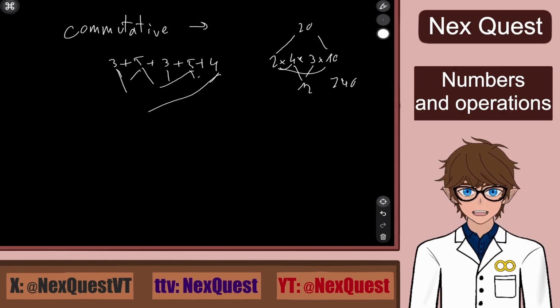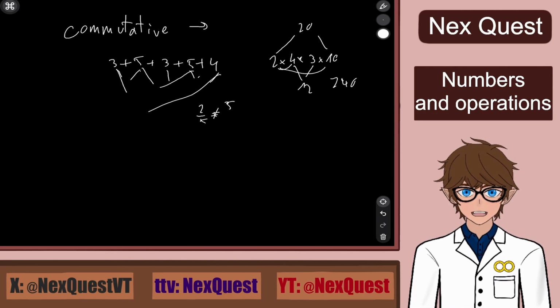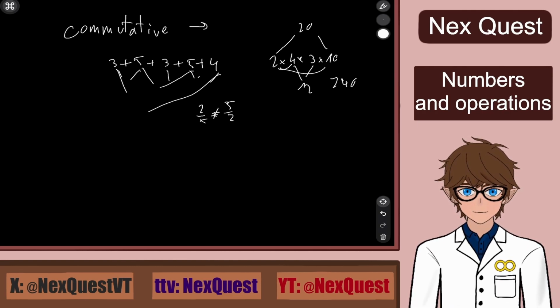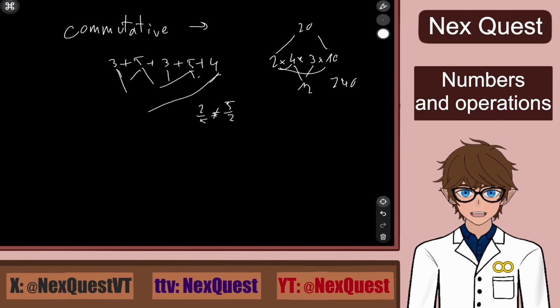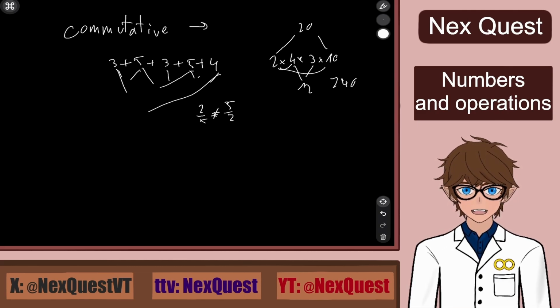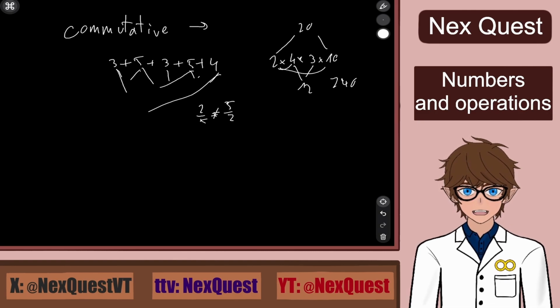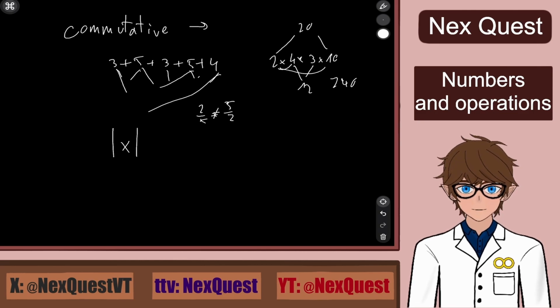The order, however, does matter for subtraction and division, because 2 divided by 5 is definitely not equal to 5 divided by 2. However, subtraction has a little neat property, which is much more useful in graphing and complex numbers, and it's called an absolute value. It's represented by this sort of bracket.